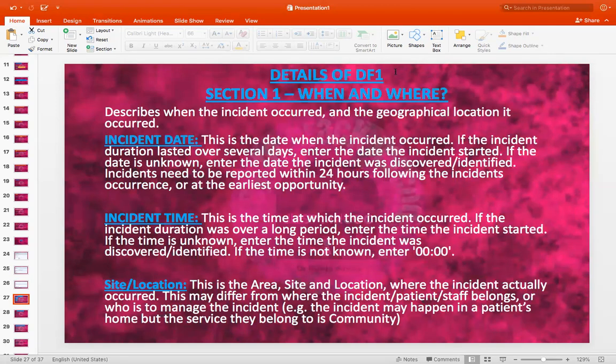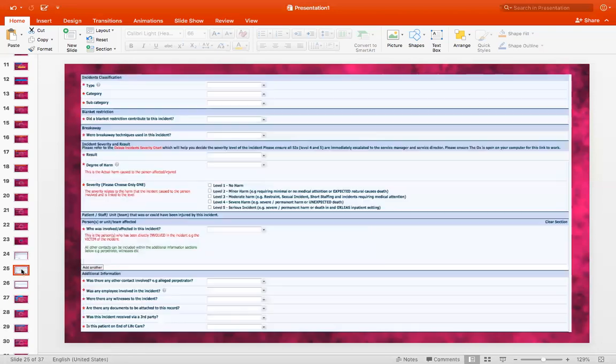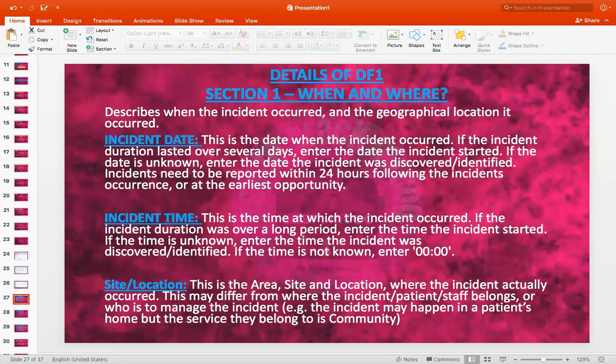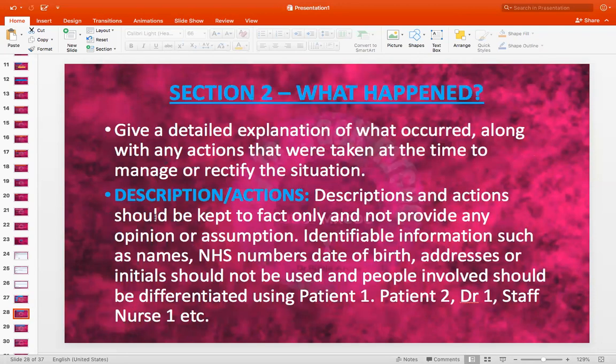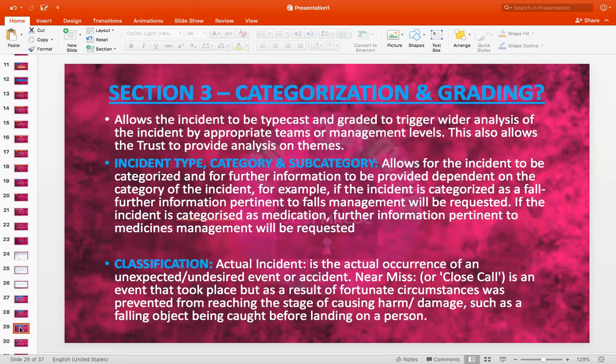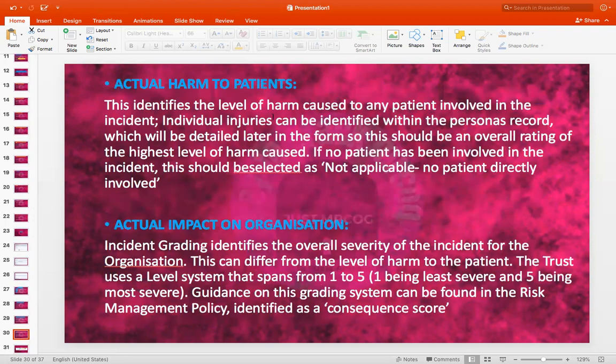What are the details of form 1? So this is incident date, there is incident time, site and the location. If you take the printout of this form, these are the details which are given there, which you are supposed to teach your juniors. So incident date, incident time, site, location, then the description, and then incident type, category, subcategory, classification, then actual harm to patient, actual impact on the organization.